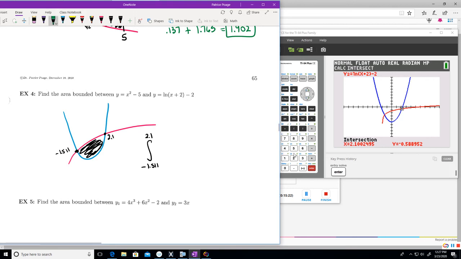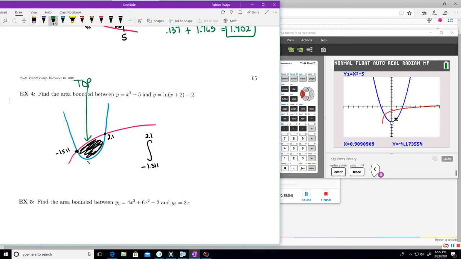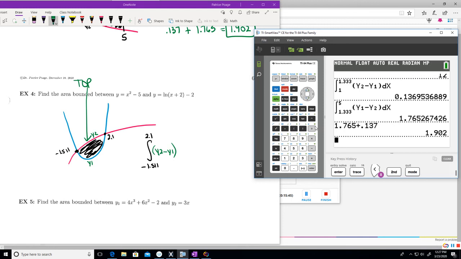And I need to be doing the graph on top, so up here's the top. The first one I hit is that one. If I need to hit trace and see what's going on, I can see Y1 is that bottom graph. So this is Y2. So it's Y2 minus Y1. All right, second quit.